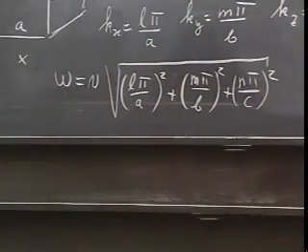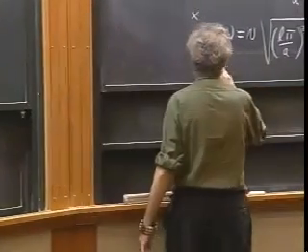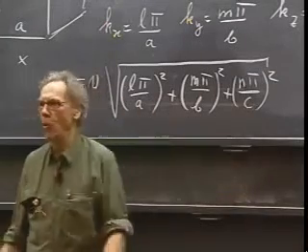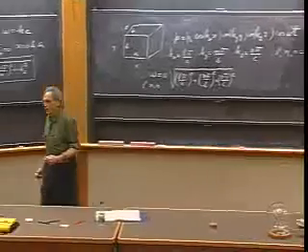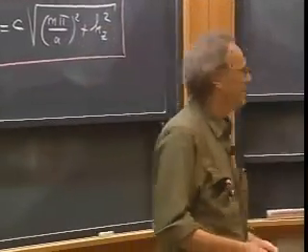Omega has then unique values. Now we're dealing with resonance frequencies. Completely different from there. There were no resonances there. These are the unique discrete resonances, l, m, and n. And now you can see why you cannot make them all 3 0. Well, because then you have omega equals 0, and that's not a very interesting thing.